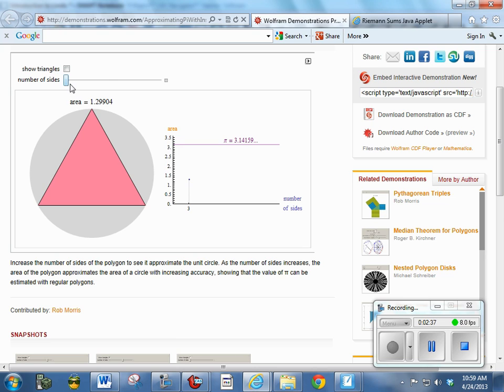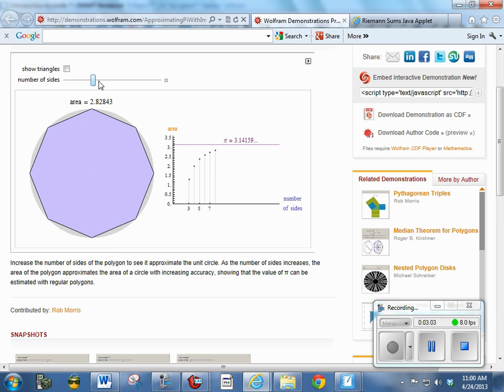As we increase the number of sides, notice that we increase the area of the inscribed figure. So now we're up to 5 sides, 6 sides, 7 sides. Notice the area is approaching the true area of the circle, and that makes sense because each time we add sides to the polygon, the little leftover area in the gray around here is less and less.